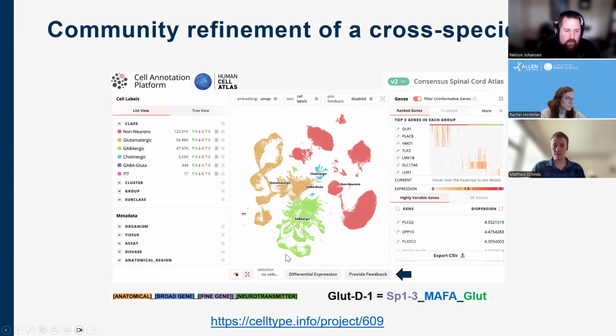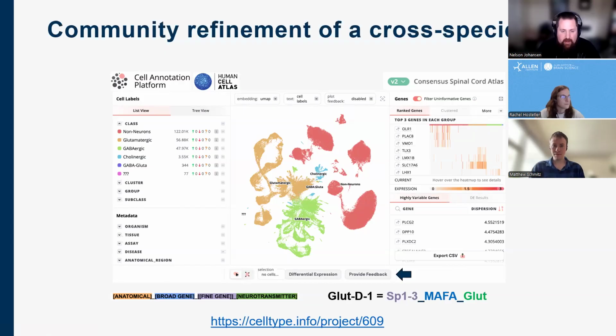So nomenclature is really important to get right. And we've been trying to do a better job of that in spinal cord by having a really clear nomenclature system that defines anatomical, gene expression, and neurotransmitter, which provides quite a bit of information as compared to previous labels.